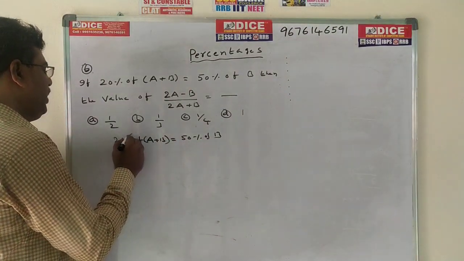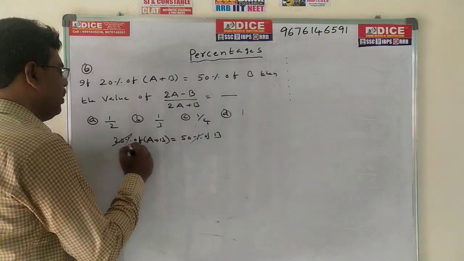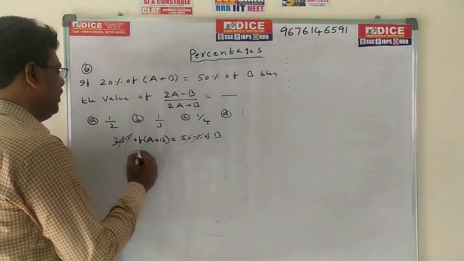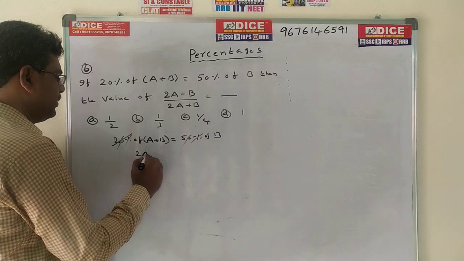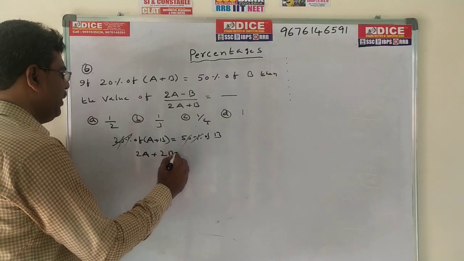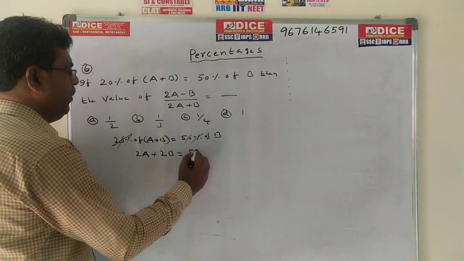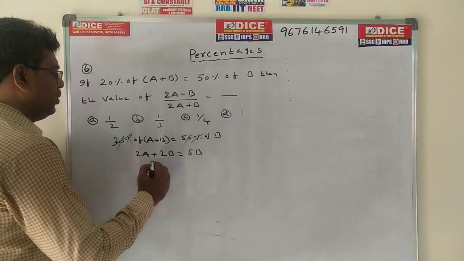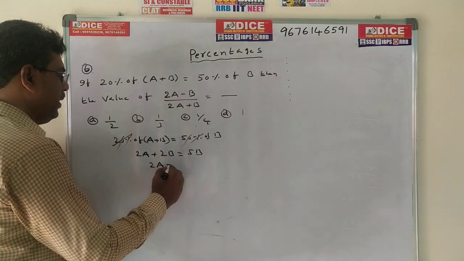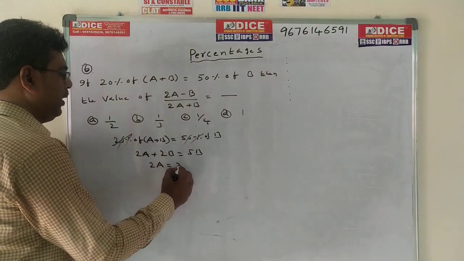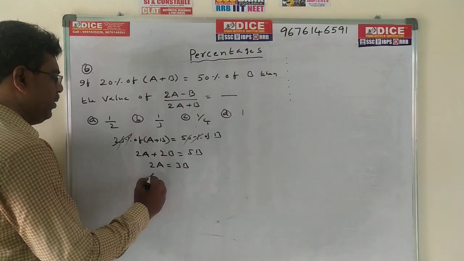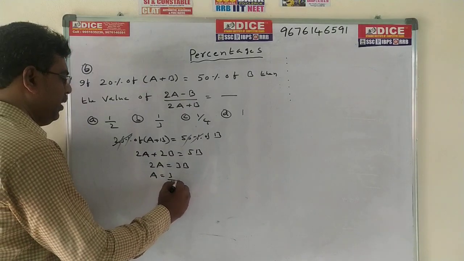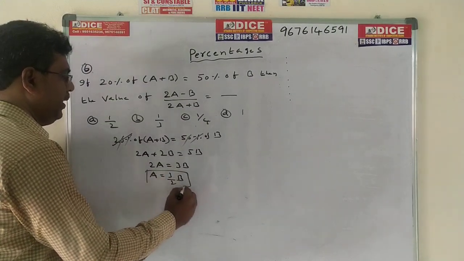The zeros cancel, so 2 into (a plus b), 2a plus 2b, is equal to 5b. Send 2b to that side. So 2a is equal to 3b, or a is equal to 3 by 2 of b. A is equal to 3 by 2 of b.